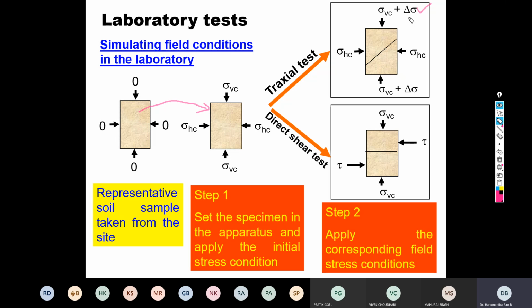Or in a reverse way, in step number 2, I can apply the delta sigma until the sample fails. I hope this point is clear to everyone. The step 2 was not audible, or the second criterion. The first one is the initial load, the second one was not clear.